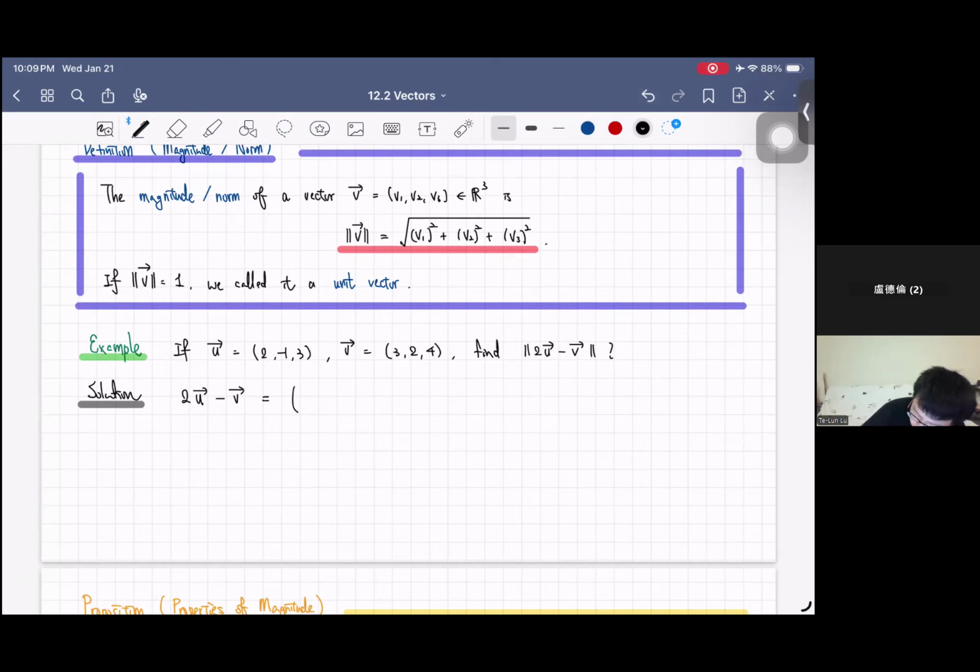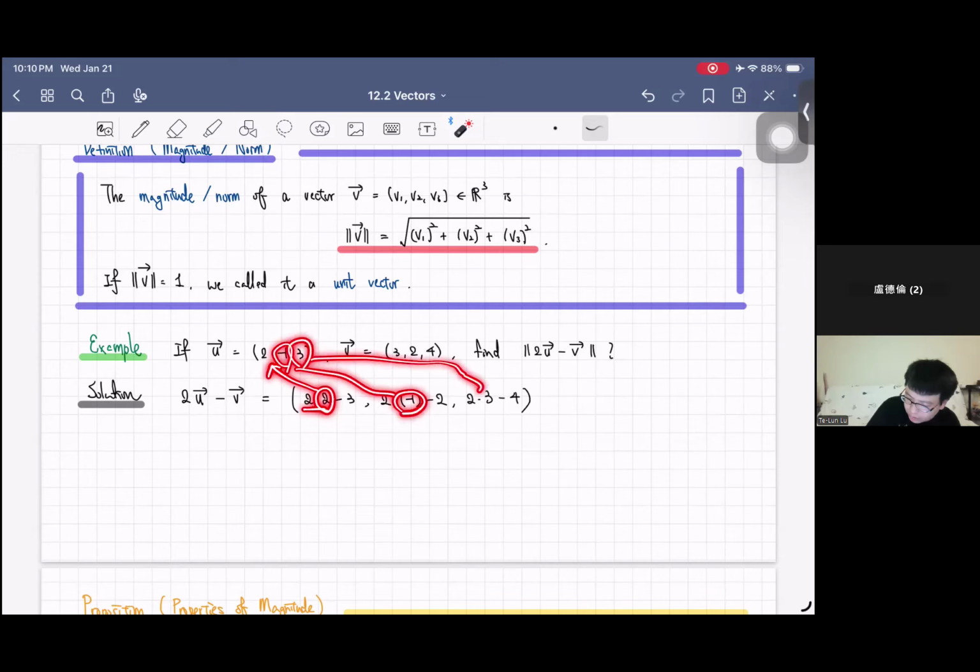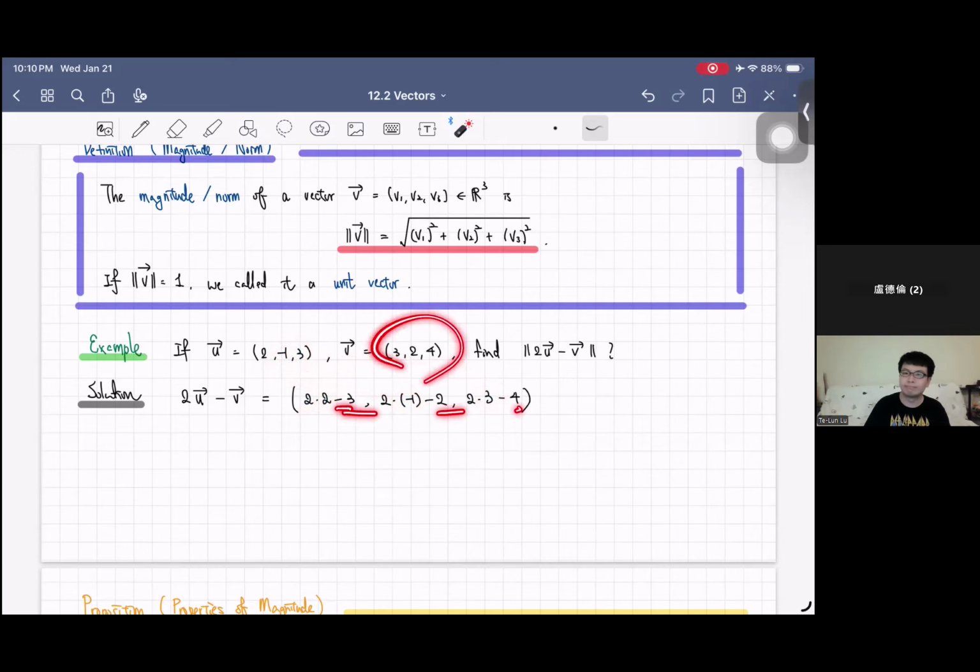Everything just happens entry-wise. You have 2 times 2 minus 3, 2 times minus 1 minus 2, 2 times 3 minus 4. The first term here, 2 times 2, comes from the x-coordinate. This comes from the y-coordinate. This comes from the z-coordinate. And similarly, minus 3, 2, and 4.